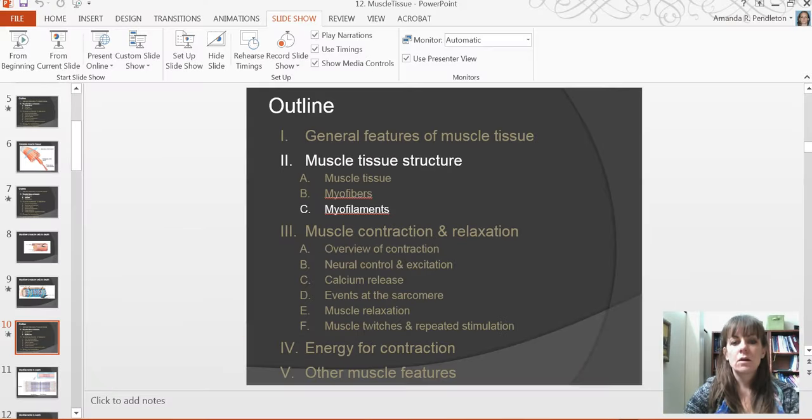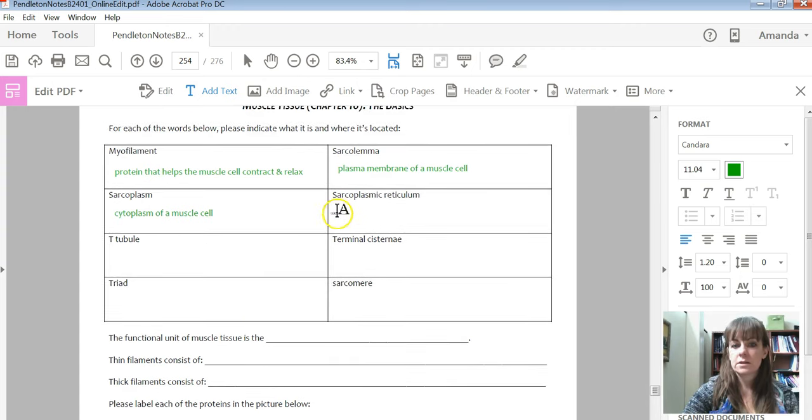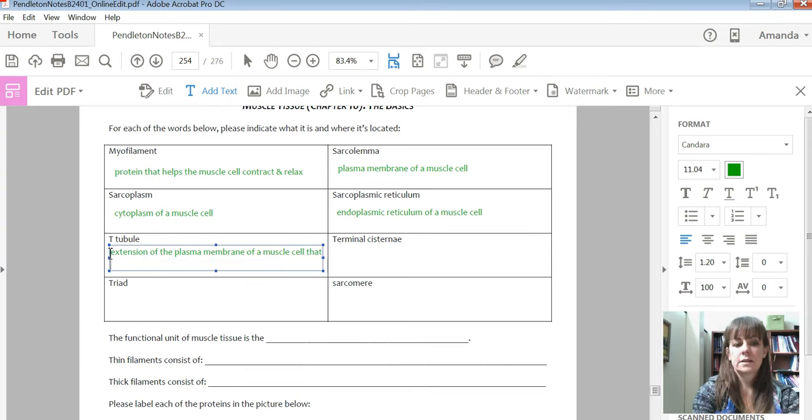Okay. So let's go ahead and go back here to our notes packet. So the sarcoplasmic reticulum is just the endoplasmic reticulum of a muscle cell. T-tubule is an extension of the plasma membrane of a muscle cell that goes internal, or dips, maybe is a better word, into the cell and wraps around myofibrils.